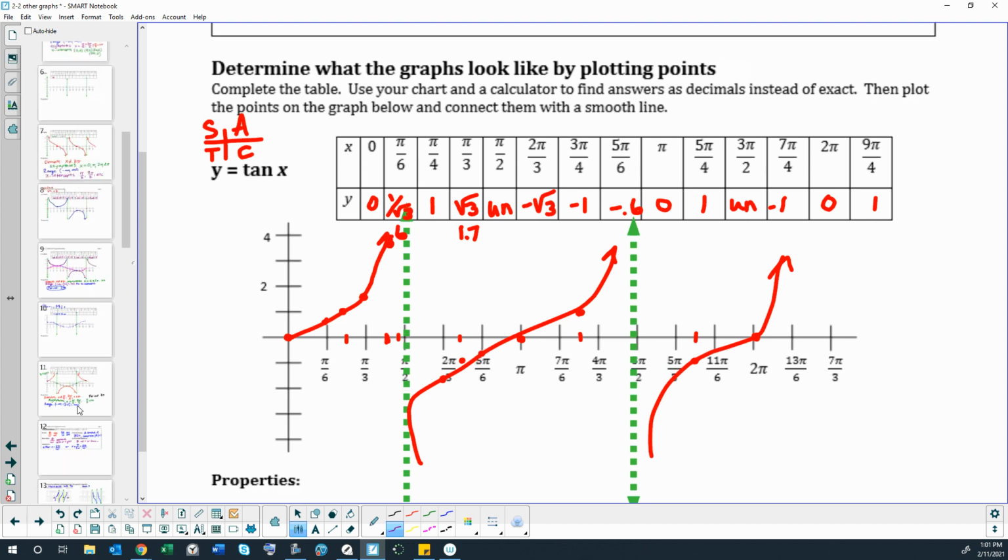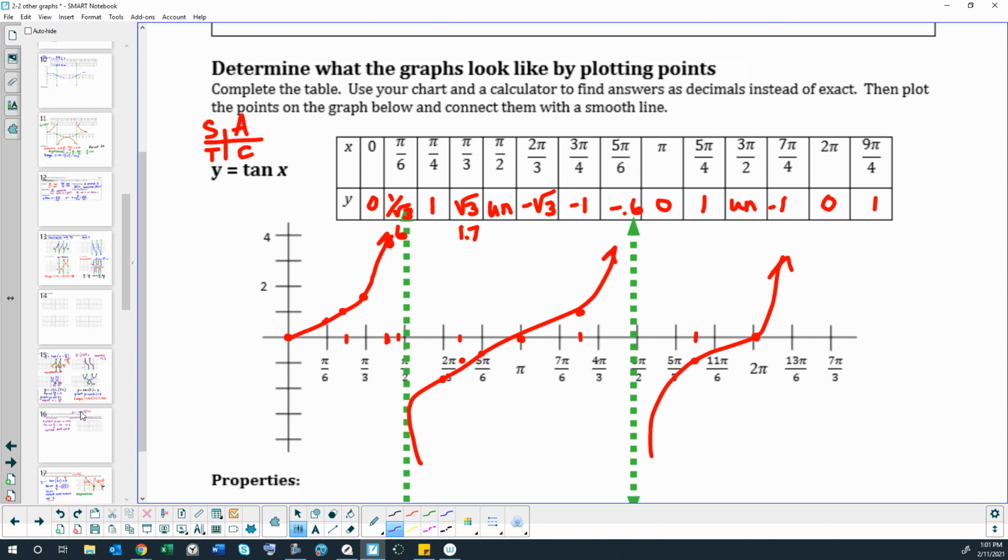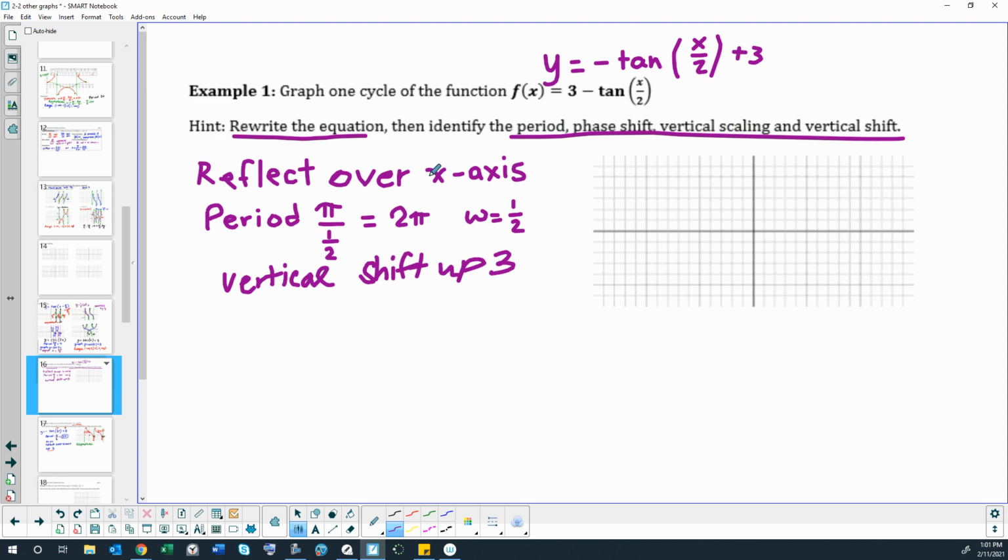So if we have an omega value of 1/2, that's going to take our asymptotes that are normally at pi halves and 3 pi halves, and it's going to divide that by 1/2, which means we would multiply by 2, which is going to take our asymptote and put it at pi instead. So there's one asymptote.